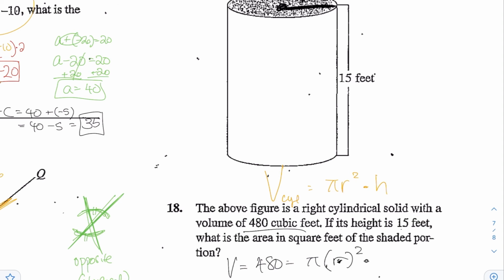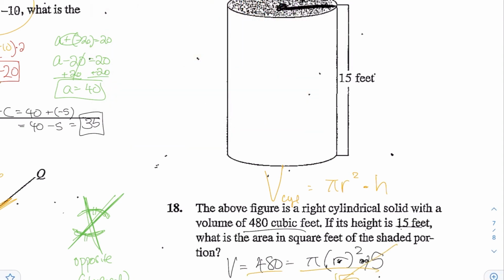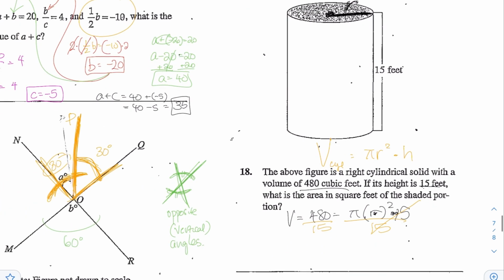And we know our height is 15. So if you divide both sides by 15, you get that 32 is equal to pi r squared. And you want to find just the area in square feet. So here, the square feet portion is just going to be 32.